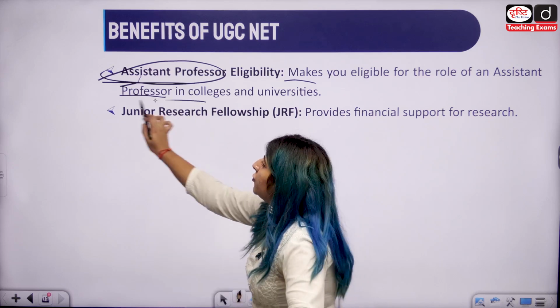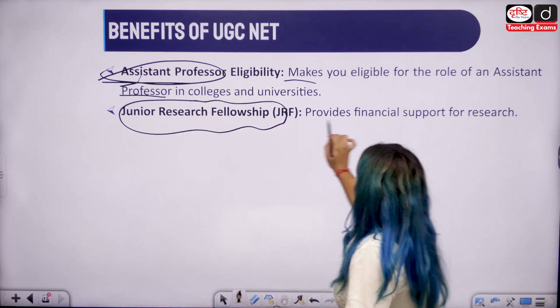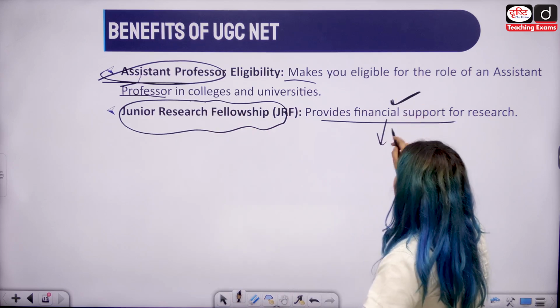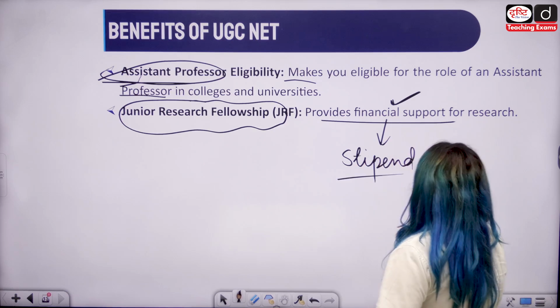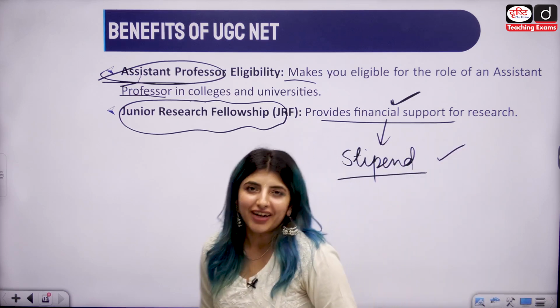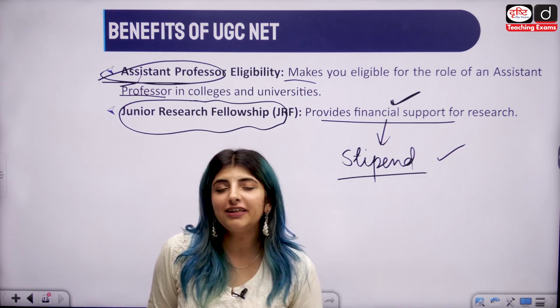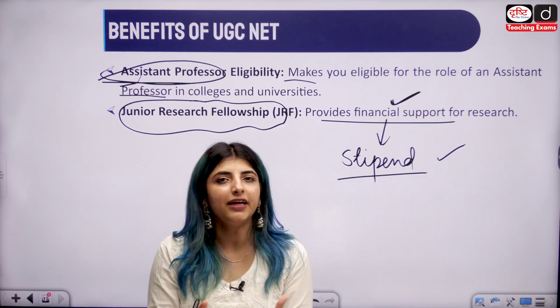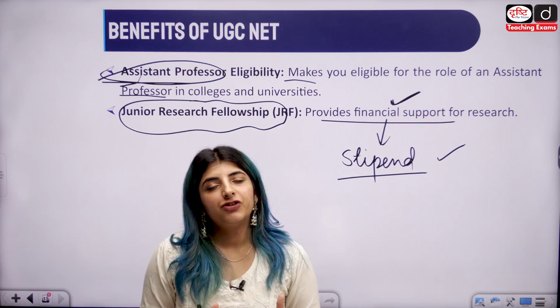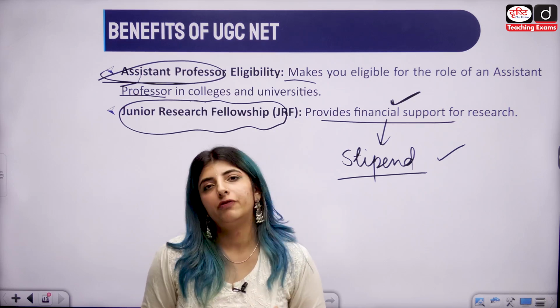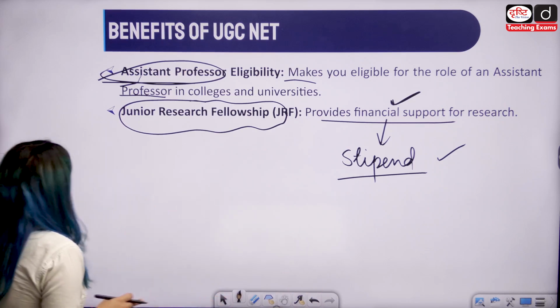If you have your JRF, you can have financial support in the form of a stipend, which is provided to you by the government, for your PhD purposes, for your research in whatever field you are interested in. You can move forward in that field, gaining the financial support from the government in the form of a stipend, as I already told you, right?